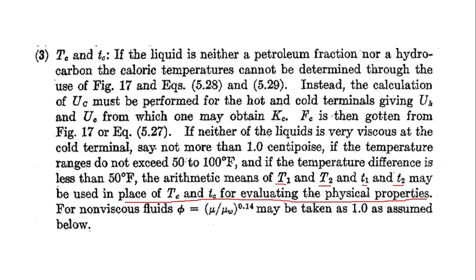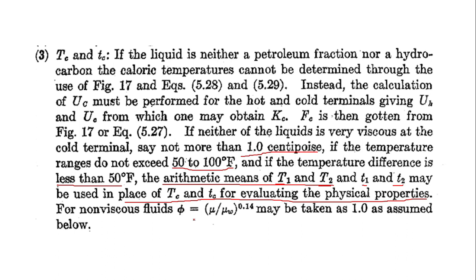So if the temperature range does not exceed 50 to 100 degrees Fahrenheit, this is the first point, and if the viscosity is up to 1 centipoise, second point, and if the temperature difference is less than 50, third point. If any of the points is fulfilled, you do not have to go for the value of the caloric temperatures, you just go for the arithmetic mean temperatures, right?